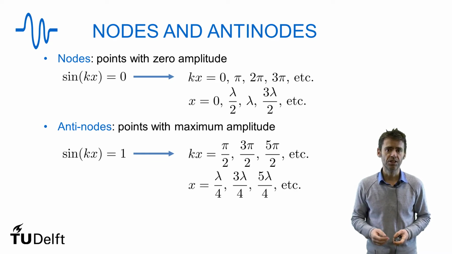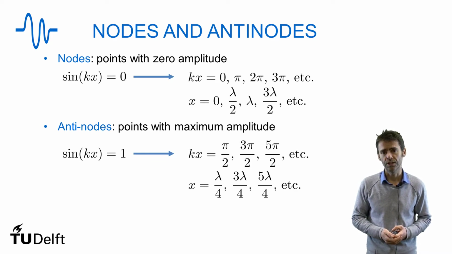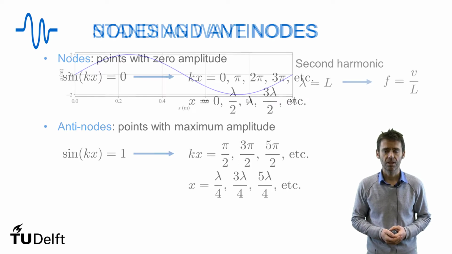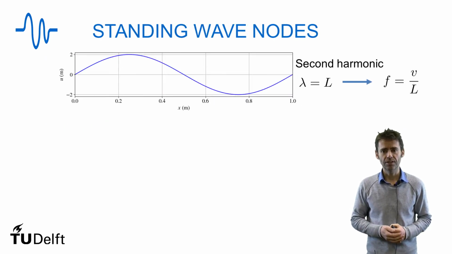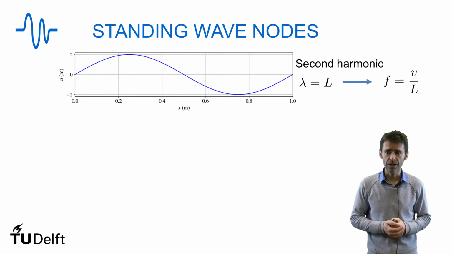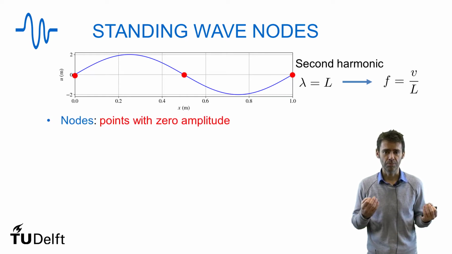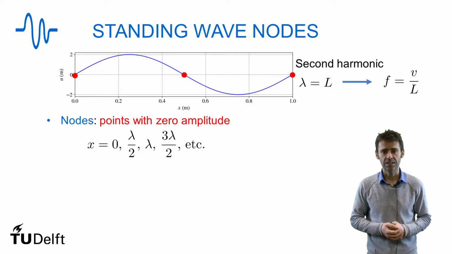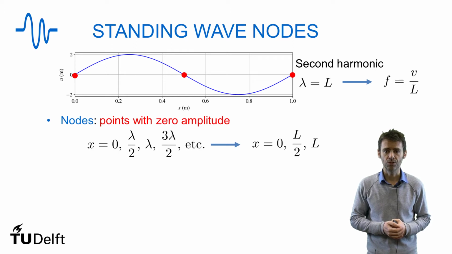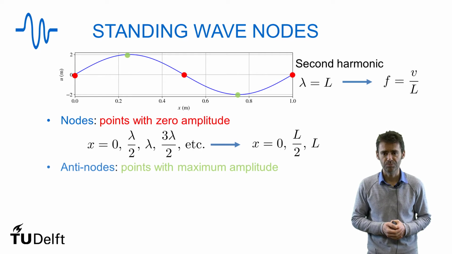So let's introduce these nodes and antinodes now, for example, and look at them in the second harmonic. So in the second harmonic, the wavelength is equal to the length L, and the frequency is equal to V over L. Now, the nodes, these are the points in red, where the amplitude is 0. They occur at x equal to 0, lambda over 2, lambda, 3 lambda over 2, etc. And indeed, if we now fill in this lambda equals L, we find that x equal to 0, L over 2 and L are the nodes of this second harmonic oscillation.